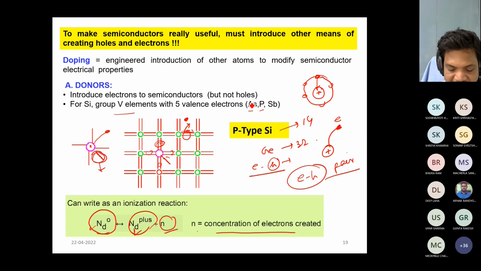Say, for example, in an intrinsic semiconductor, the intrinsic electron concentration Ni is equal to Pi, because in an intrinsic semiconductor the electrons and holes are generated pairwise. That's why the number of electrons and holes are equal.